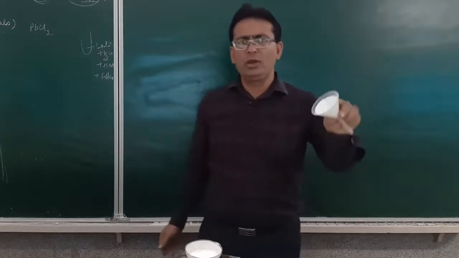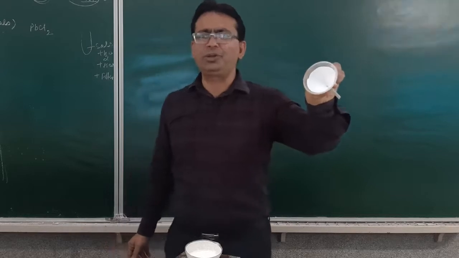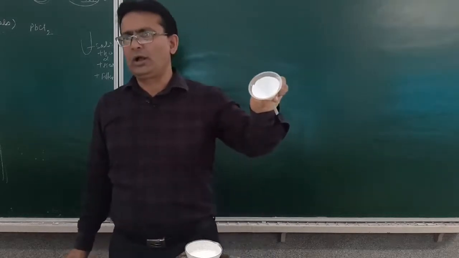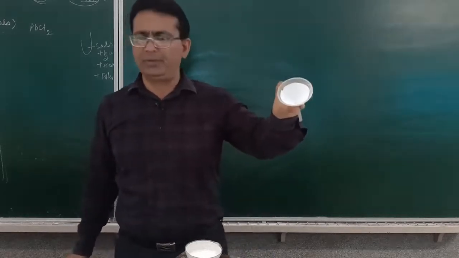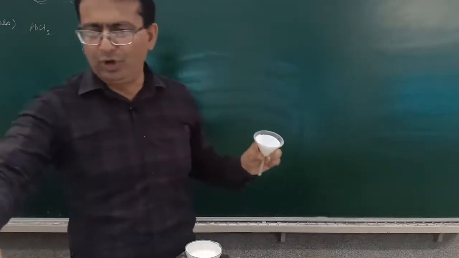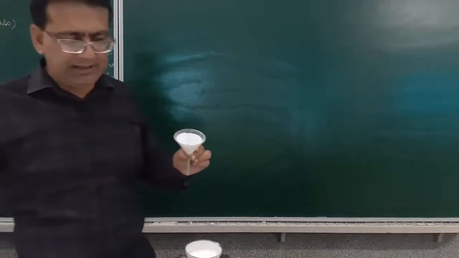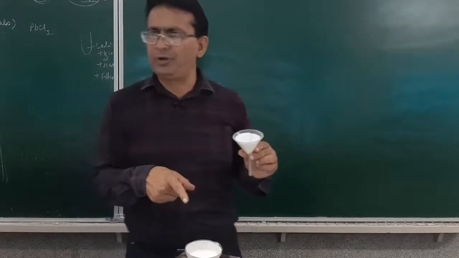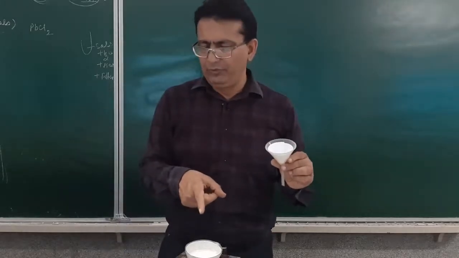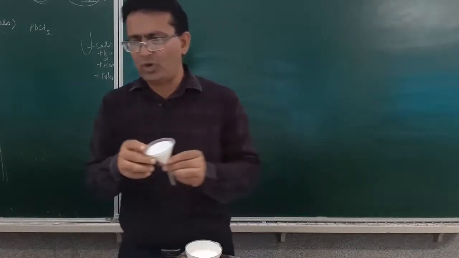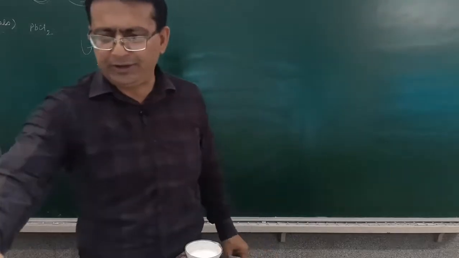Am I clear? Now I will be filtering through this system, a funnel having a filter paper in it. What I will be doing over here? I will take this solution from the sodium carbonate extract, which is being heated up in the china dish, and try to filter it up.